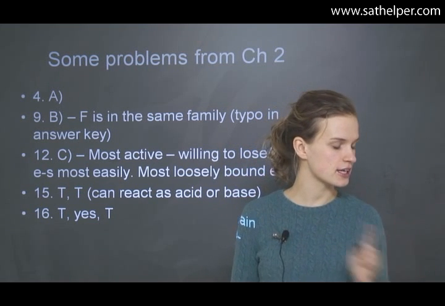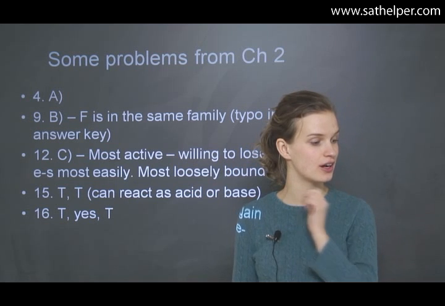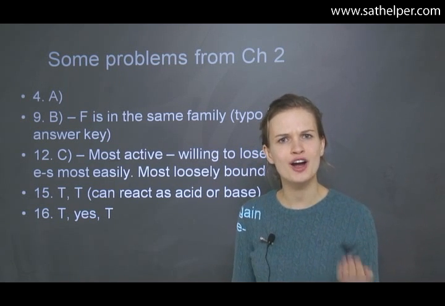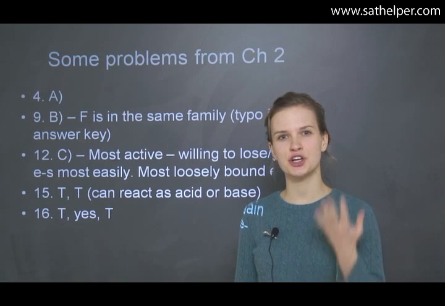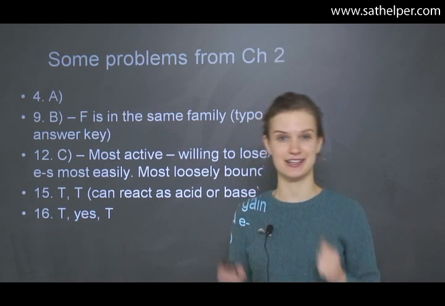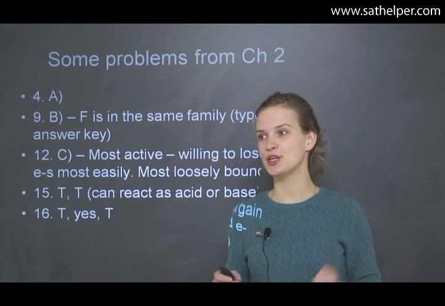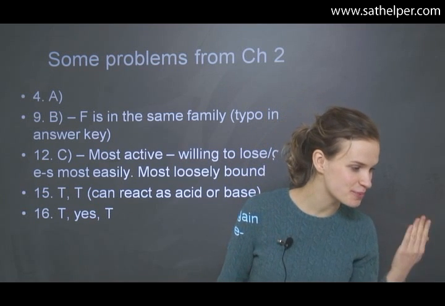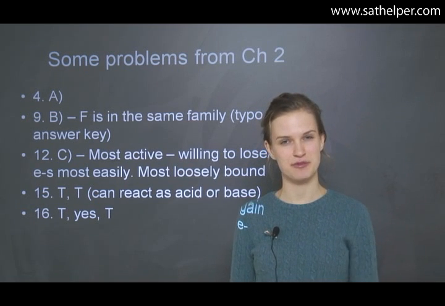And then the second part of the question says silicon is an element that has amphoteric properties. What are amphoteric properties? Amphoteric properties is when an element can either act as an acid or a base. So it can either lose or gain electrons. Okay? And this is precisely, silicon is this type of element.